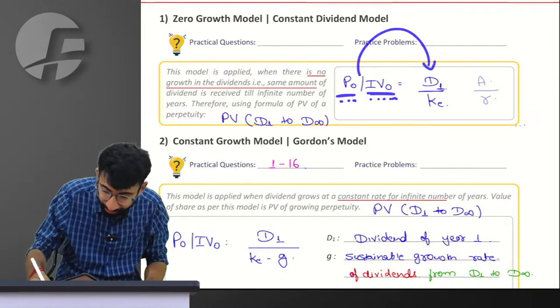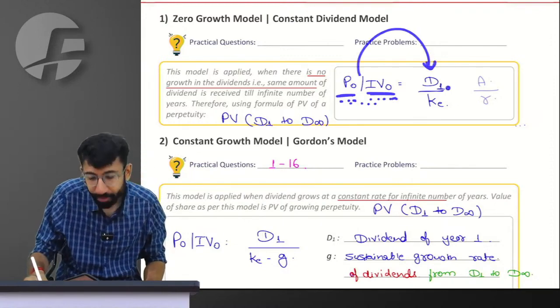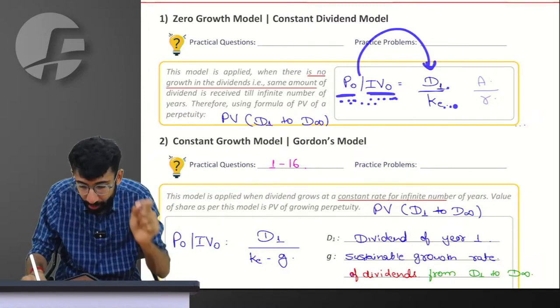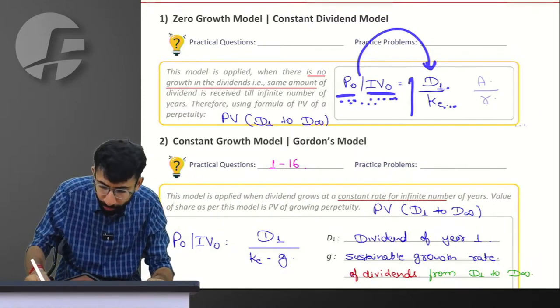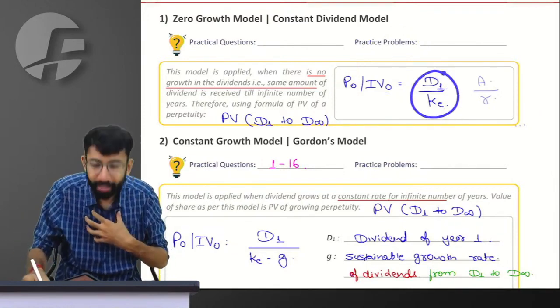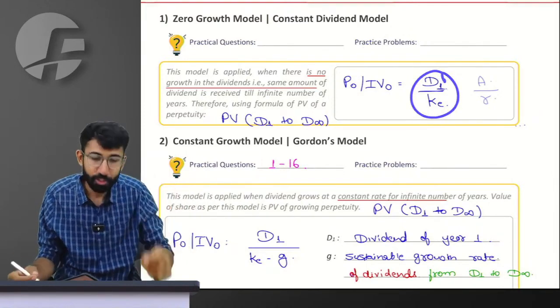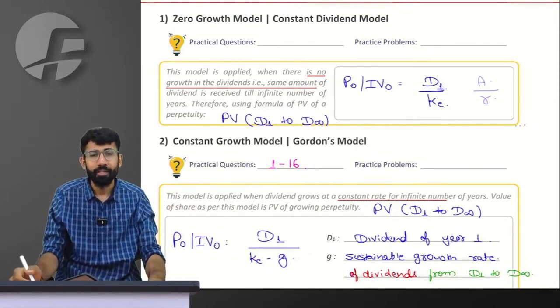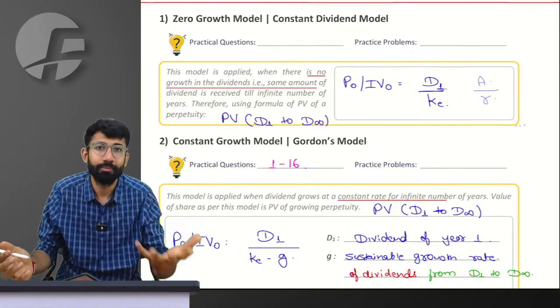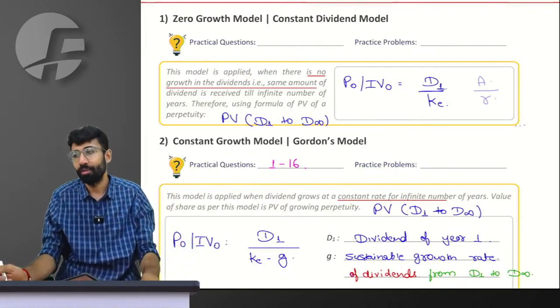All those things we have read in the last class. So if I have to find these out, dividend of the first year divided by KE is the value of the share. What is this formula doing? It is very important to identify this rather than mugging up the formula, which is what we are completely against. Never mug up, unless it is a pure maths formula behind which common sense cannot be found.